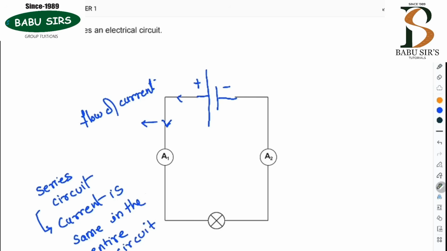So current will be same at A1 also, and it will be same at A2 also. Now what is A1 and A2? A is ammeter.